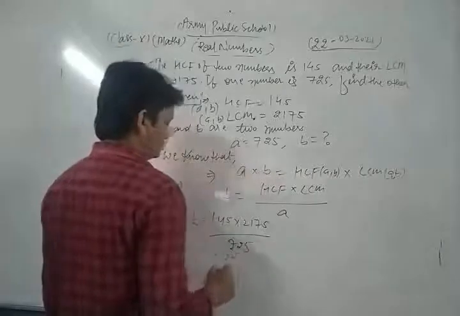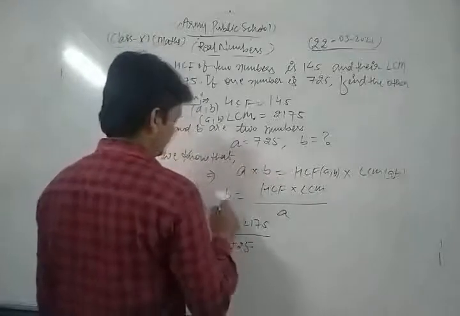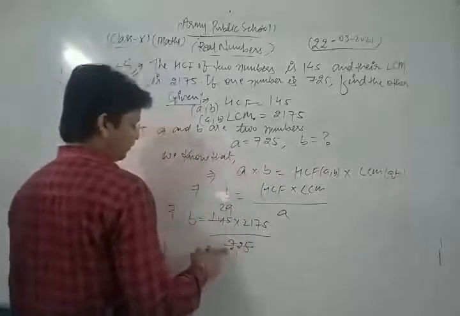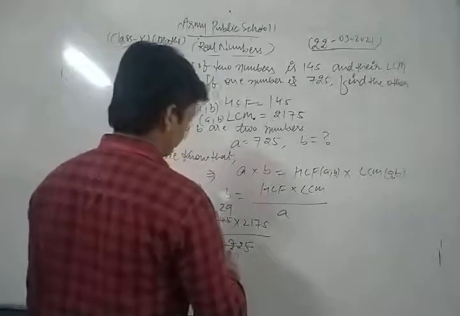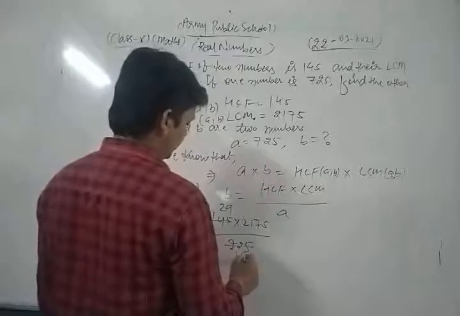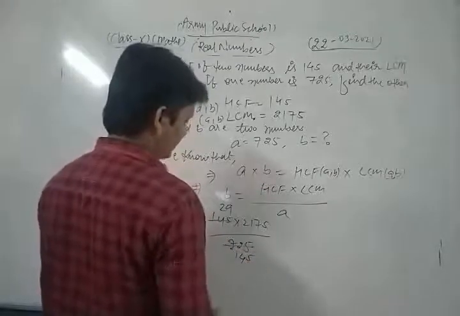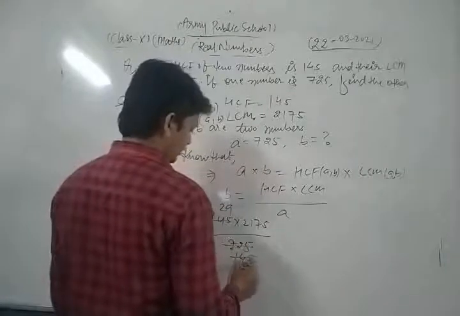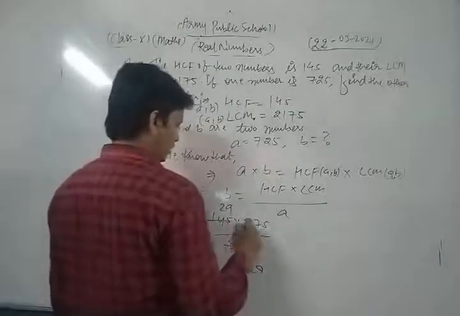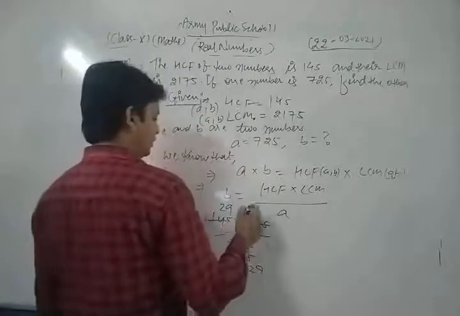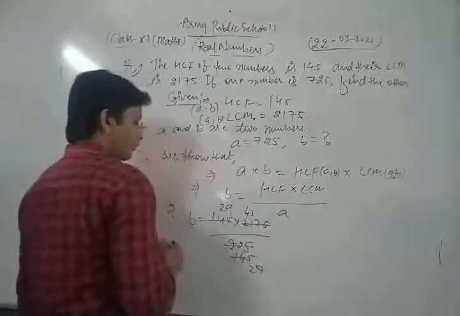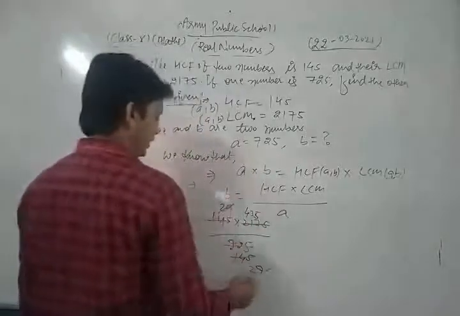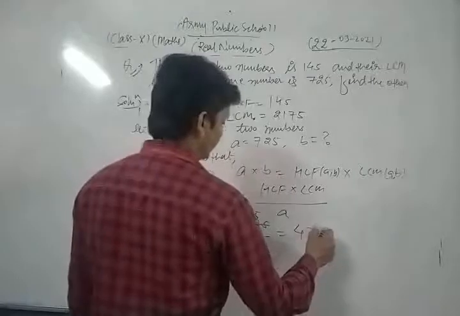Now we simplify by dividing by 5 repeatedly. After cancelling the common factors, we get 435.